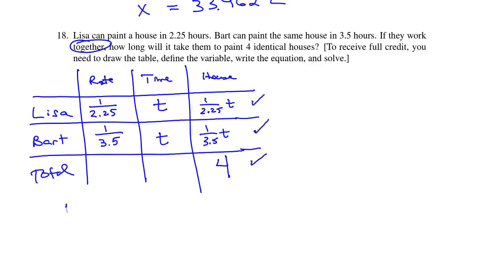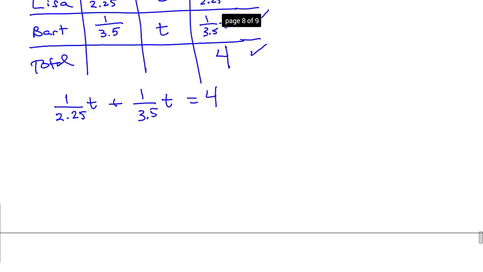So we're going to add, and add, and that's a total of 4. Now this one's neat because both of them are factors with t, so I'm just going to factor out t.